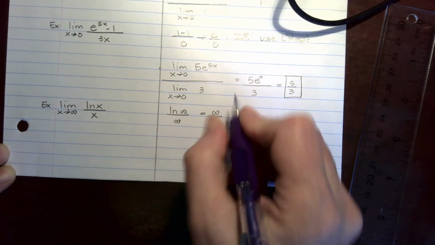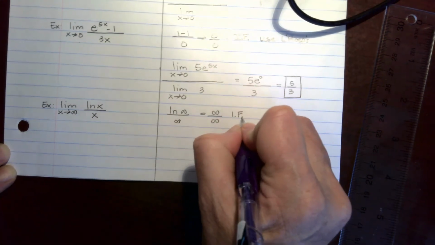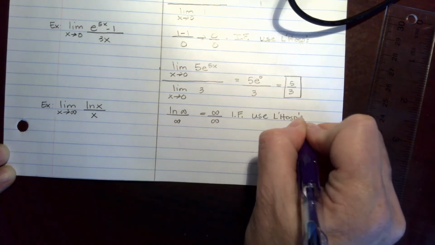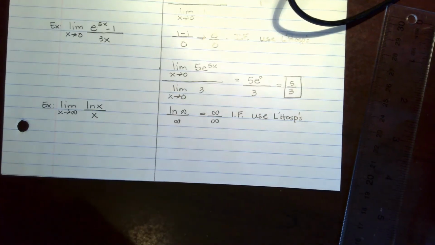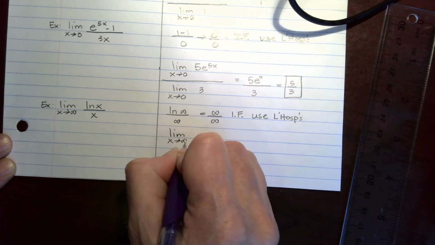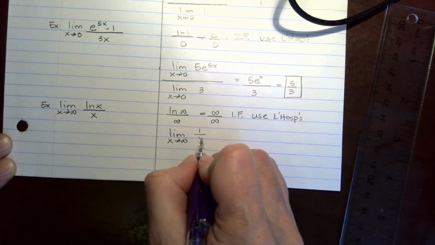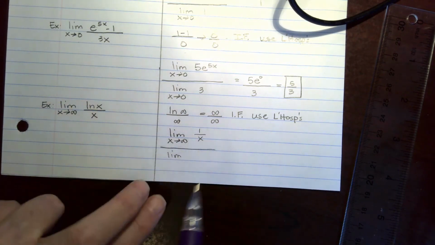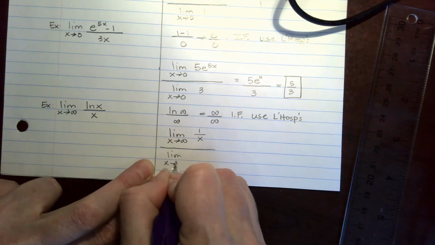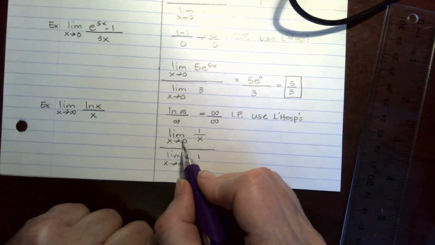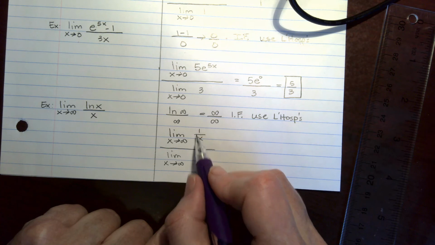That's another one of our indeterminate forms. So we're going to use L'Hôpital's rule, and we're going to write the limit as x approaches infinity of 1 over x, the derivative of natural log, over the limit as x approaches infinity of 1. So this is going to become 1 over infinity.